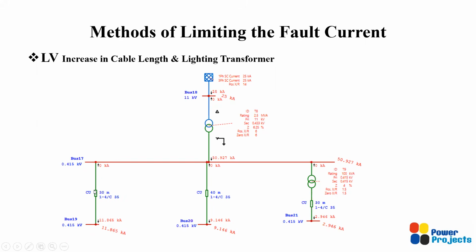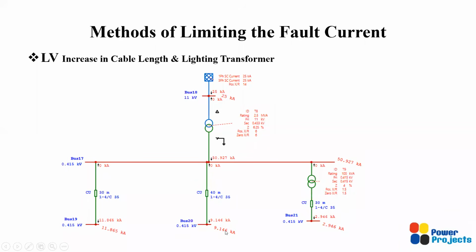So if you want to reduce the short circuit current at your lighting distribution board, assume this bus 19 is the lighting distribution board. If you want to reduce this fault current to less than 10 kA, then the option is, you can see here, I have intentionally increased the line length or cable length from 30 meters to 40 meters. So the fault current came down below 10 kA.